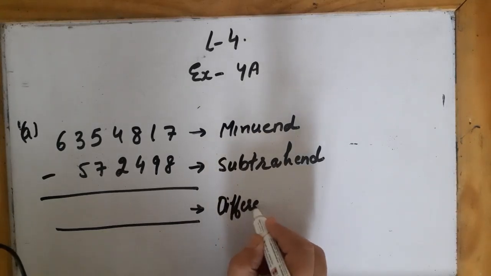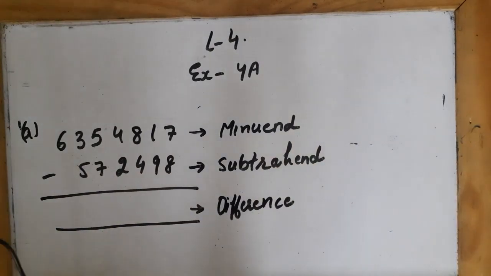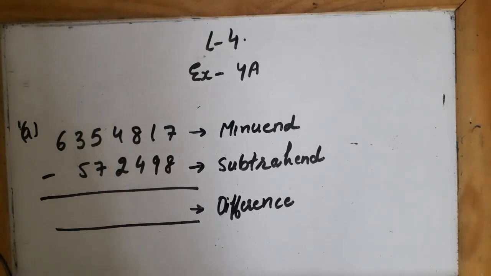The answer that we get when we add two numbers or three numbers, that is called sum. But when we subtract, the answer that we get, that is called difference.